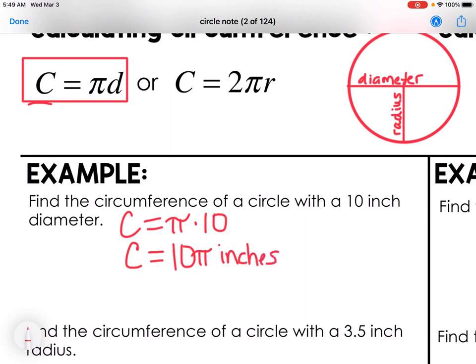And that would be the exact measurement. But if it's wanting to know an approximate measurement, that's when we would use the 3.14. So 10 times 3.14 would be approximately 31.4 inches.